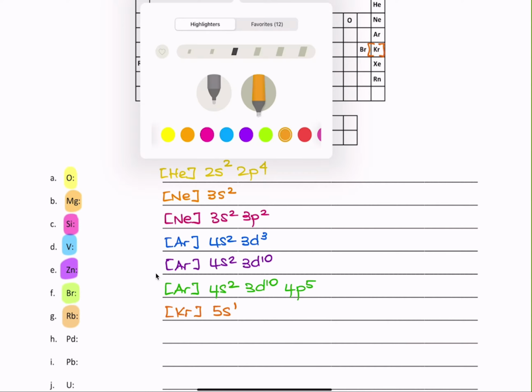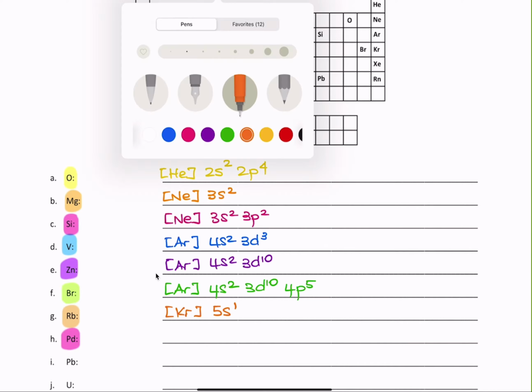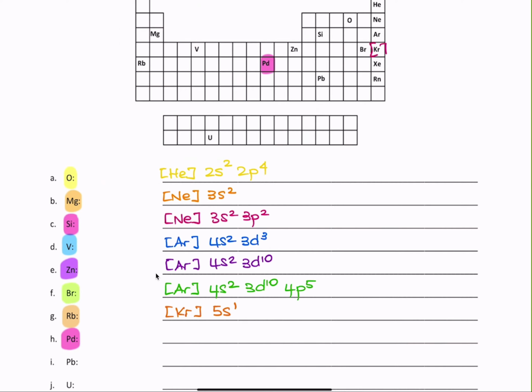We keep going and then we can do the next one, palladium, right here. The line before, at the end, I find krypton. To reach palladium, I'm crossing the 5s and the 4d, 2 times the 5s, and 1, 2, 3, 4, 5, 6, 7, 8 for the 4d.